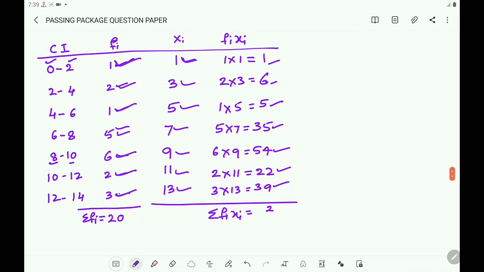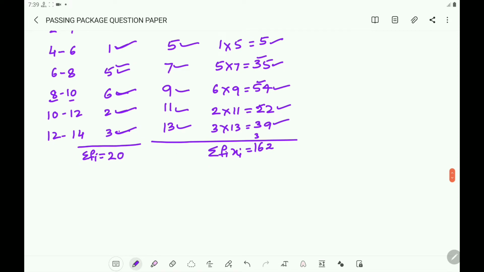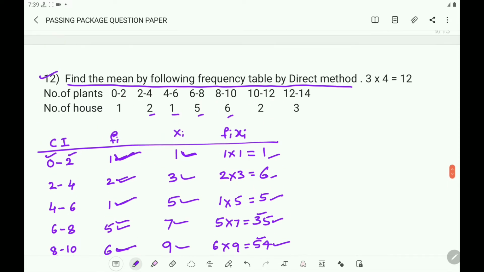Then 3 is to be carried here. 3 plus 3 is 6, 6 plus 2 is 8, 8 plus 5 is 13, 13 plus 3 is 16. So you got 162.